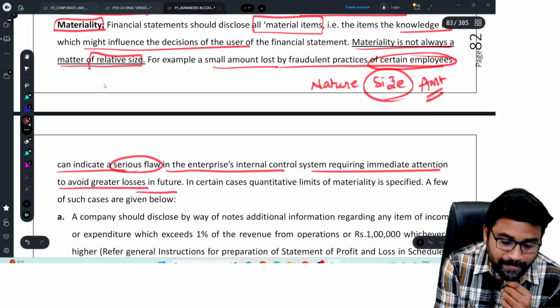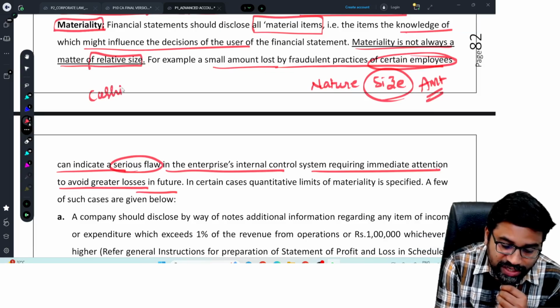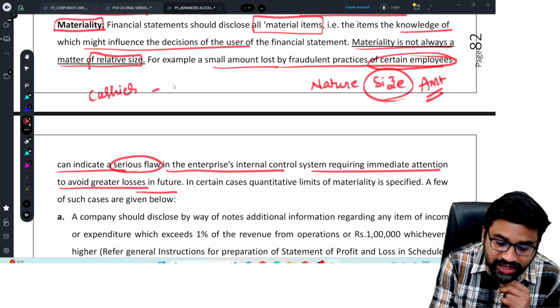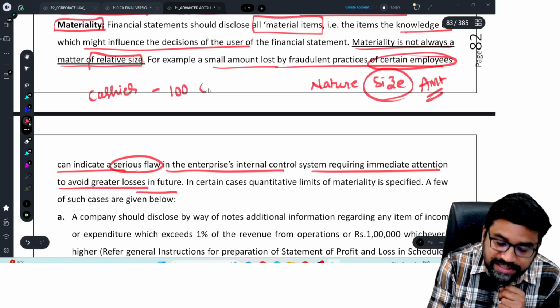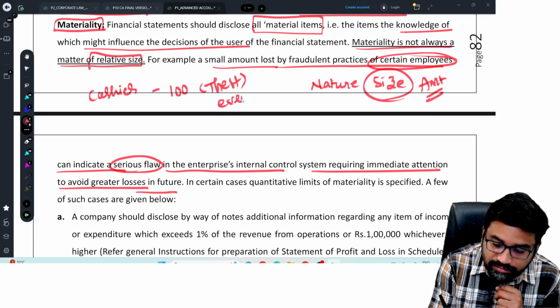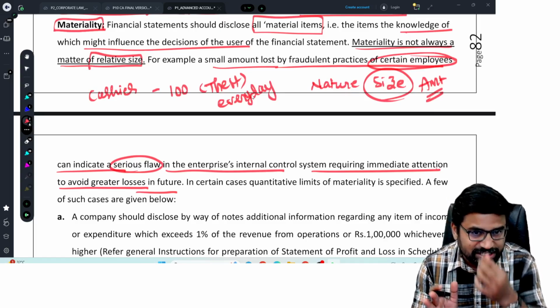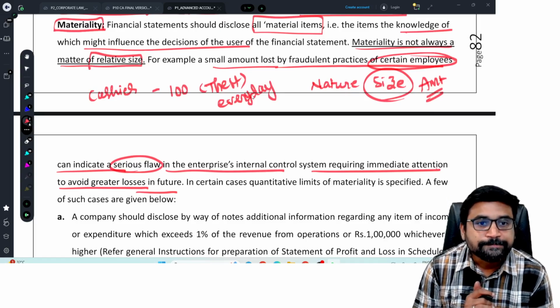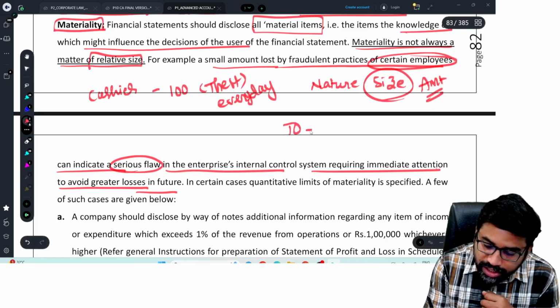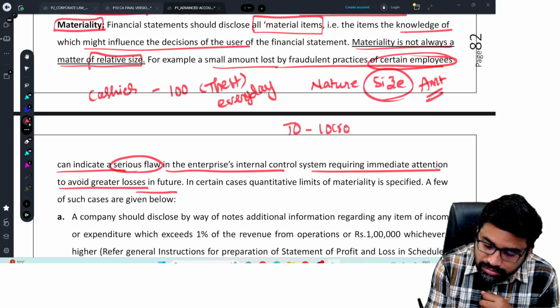For example, there is a cashier in our organization, and every day, suppose 100 rupees, he is misappropriating. Every day there is a theft of 100 rupees in our organization, the cashier is misappropriating. Tell me, your company turnover is 10 crores.